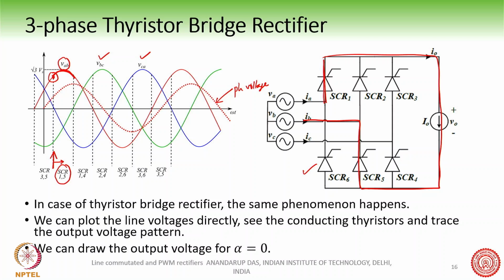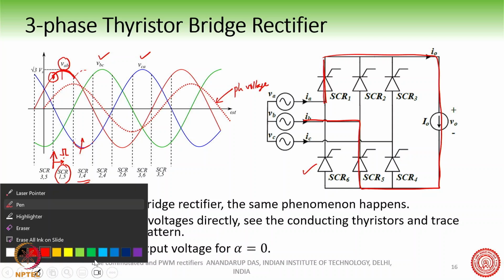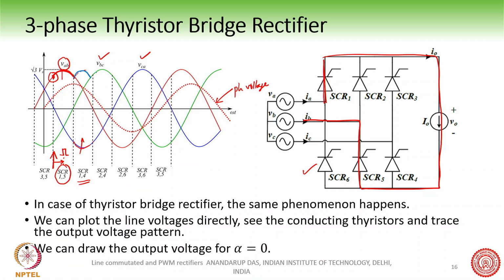Of course, you can put any other value of alpha. You can give the gate pulse somewhere here also, and then the voltage will change somewhat. We'll see this in the next slide. But then the next one, you see SCR 1 and 4. From AB, it will go to AC, because this voltage will get flipped, and this voltage, the blue one, is maximum here.